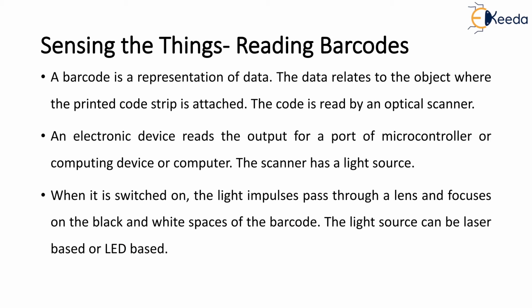So a reflected light sensor or a CCD, that is charge coupled device, detector at the scanner along with the associated decoder circuit converts the optical impulses into electronic pulses and analyzes the barcode's image data. So the resolution commonly used is of dimension 0.33 millimeter of the printed code. The sensor sends the contents of the barcode as ones and zeros at the input port of the computing device.